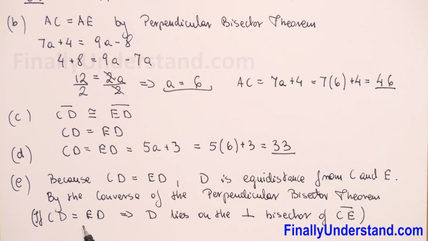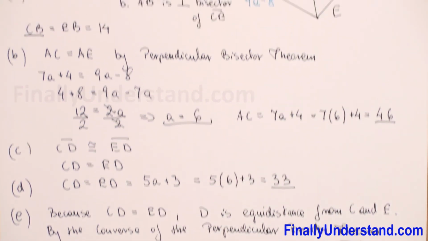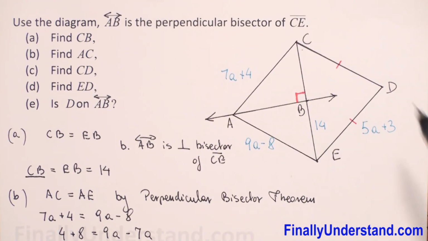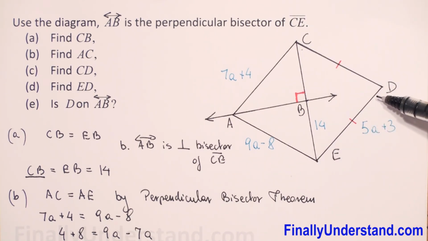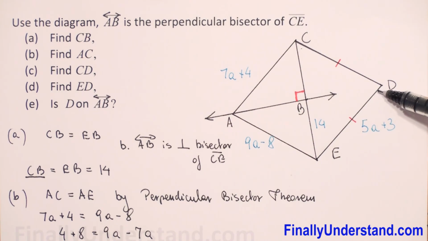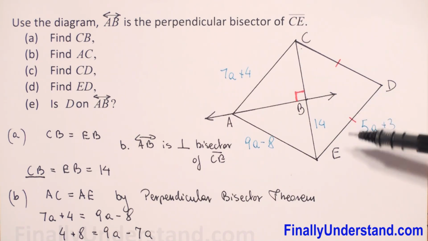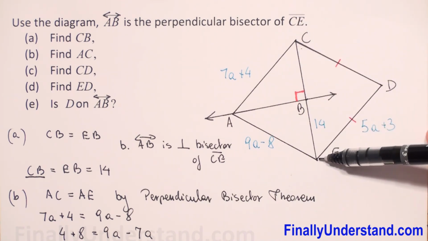If CD is equal to ED, we have given that CD is equal to ED. It means that D lies on the perpendicular bisector of CE segment.